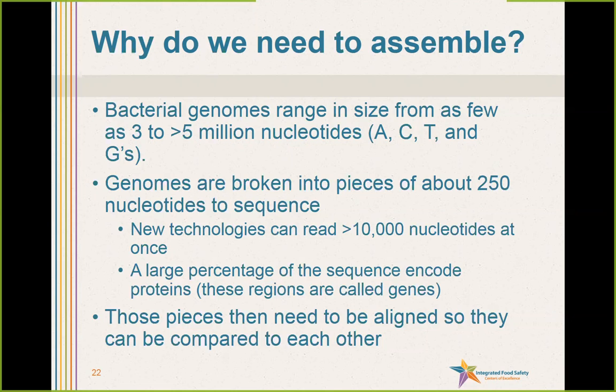However, technology is very quickly evolving. Newer technologies can read greater than 10,000 nucleotides at once. A large percentage of the sequence encodes proteins. The areas where proteins are encoded are called genes. The areas where the proteins are coded need to be aligned so they can be compared to each other.